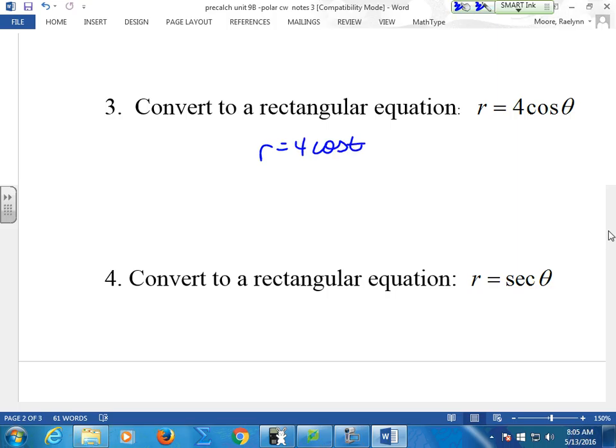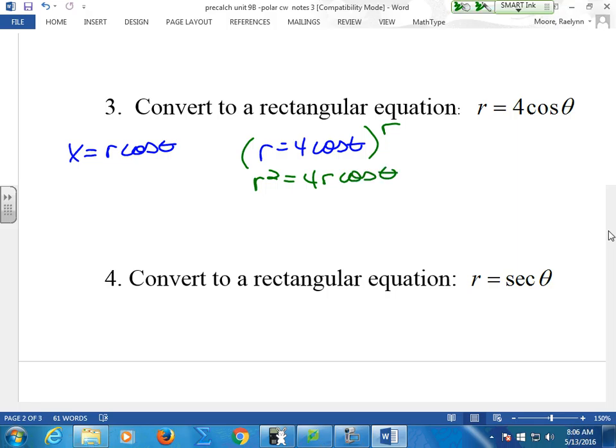Now, I have no way to replace your cosine of theta unless it says r cosine theta, because x is equal to r cosine theta. So how can I get an r out there? I can't replace this with x. I need to get to an xy thing, but I can't replace that with x unless I have an r there. So can I multiply this by r? This is going to give me r squared.